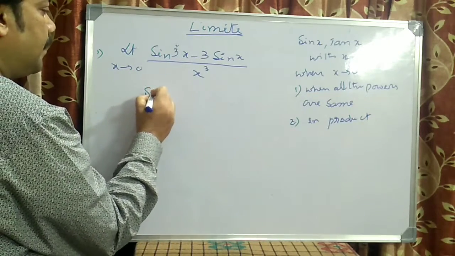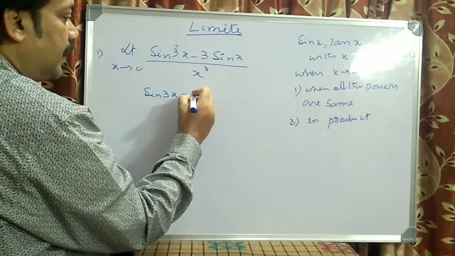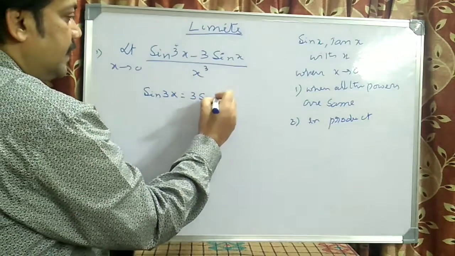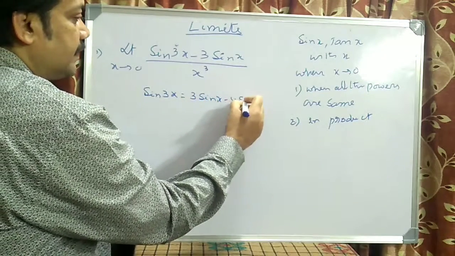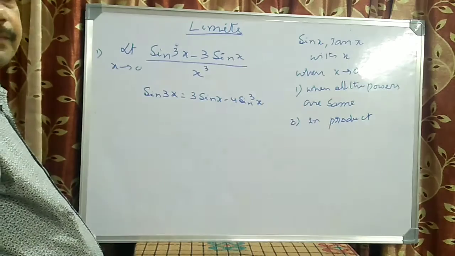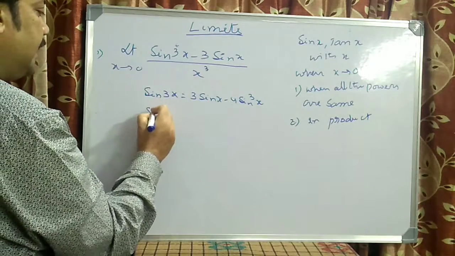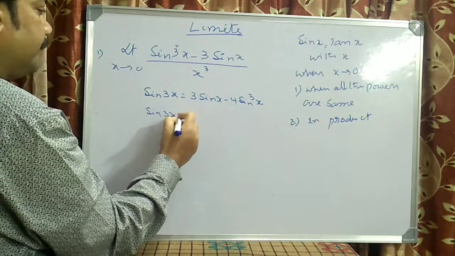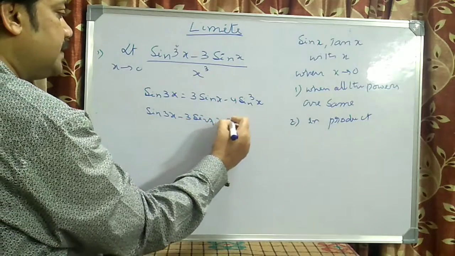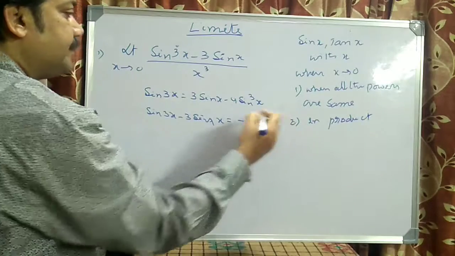Now what am I supposed to do here? Here I need to apply the property of trigonometry, that is sin 3x equals 3 sin x minus 4 sin cube x. Putting this here, sin 3x minus 3 sin x is equal to minus 4 sin cube x.